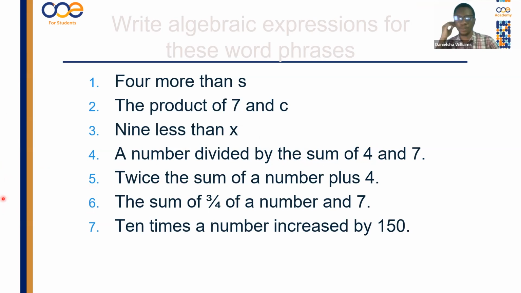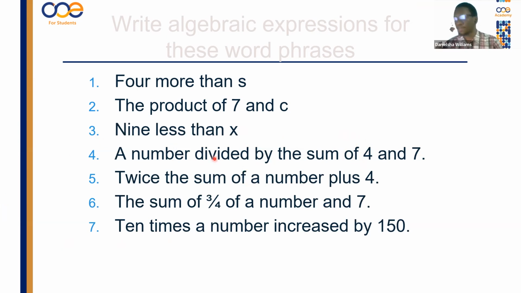Yes, but in this one, there's something specific that we should have. So we have to put parentheses or brackets around something. What would you put it around in this case? Around the 4 plus 7. Yes, the 4 and 7 needs a bracket because it's happening before we do the division.